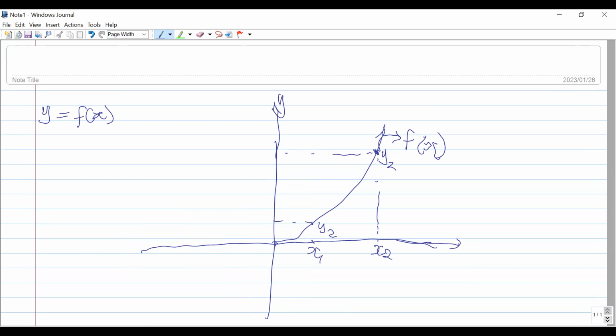So in our knowledge, we know that the slope of a function, which is the change in y over the change in x, is equal to y2 minus y1 over x2 minus x1.